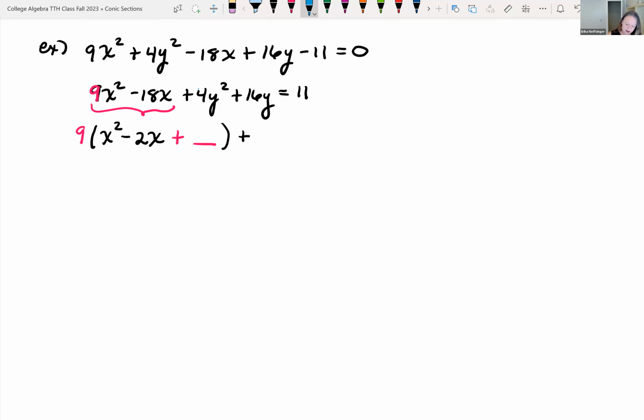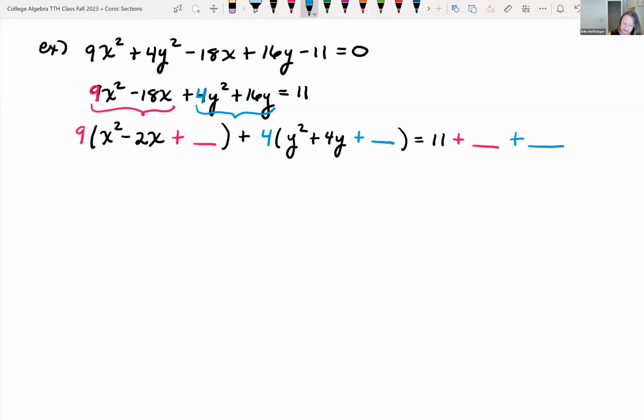So I want to factor the coefficient out from the y terms. That coefficient in front of the y squared is a 4, so I'm going to pull a 4 out of both of those y terms, so we get 4 times the quantity y squared plus 4y. I'm going to add something in here to make it a perfect square, is equal to 11. So let's figure out what we're going to add to make these a perfect square.